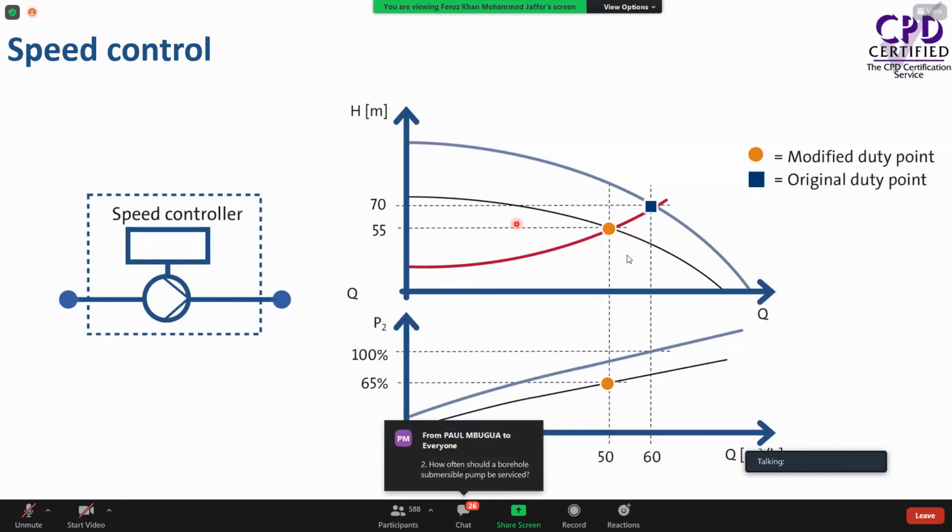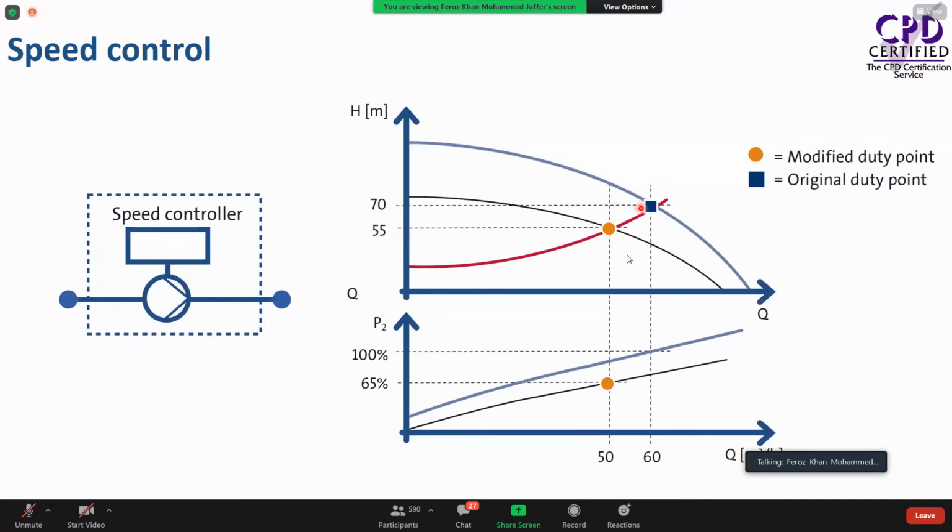For example, municipal water supply. In municipal water supply applications, during peak hours in the morning or in the evening, we might need more flow. At off-peak times, we might need lesser flow rates. So we can use speed control to meet the demands.